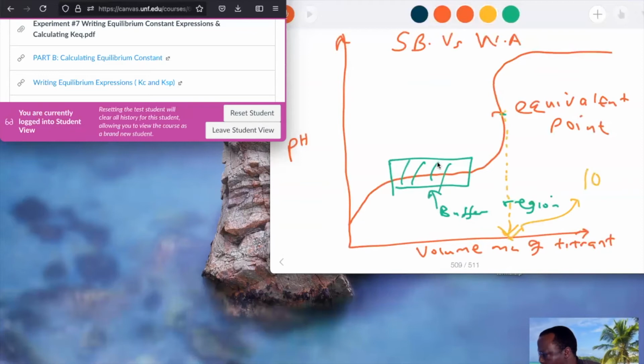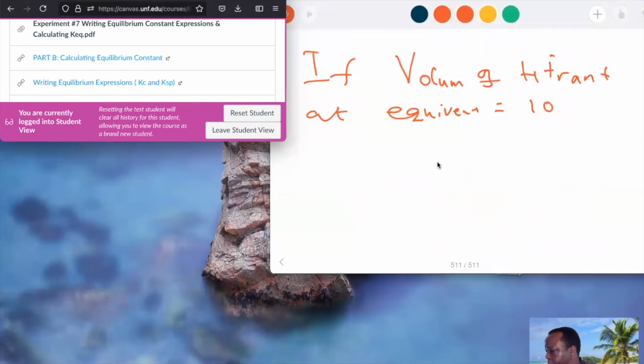I'm using that as 10.0 mL. If that is the equivalent point, then at the half equivalent point, the volume of titrant here is 5 mL.